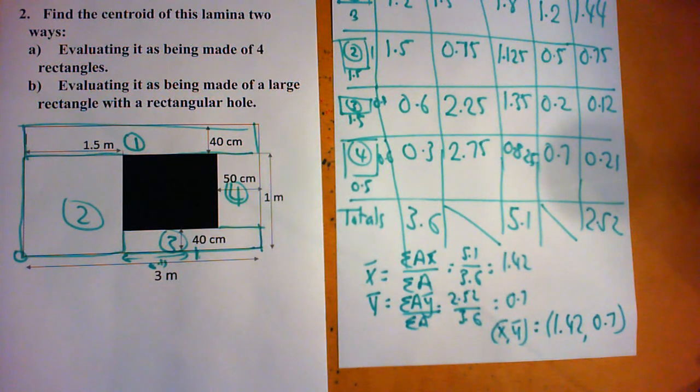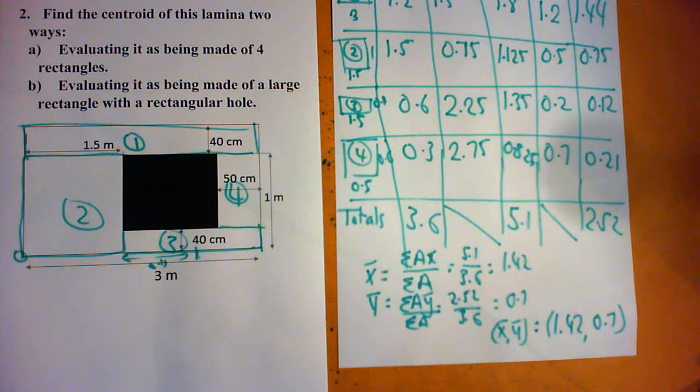that 0.7 because we did make the observation in passing earlier that it is vertically symmetric because of the location of that hole. You've got 0.4 of a metre below it, 0.4 of a metre above it. So that 0.7 certainly makes sense, and more of that hole is on the right hand part of the lamina, so you've got more mass taken out of the right than out of the left, which has moved the centroid towards the left.